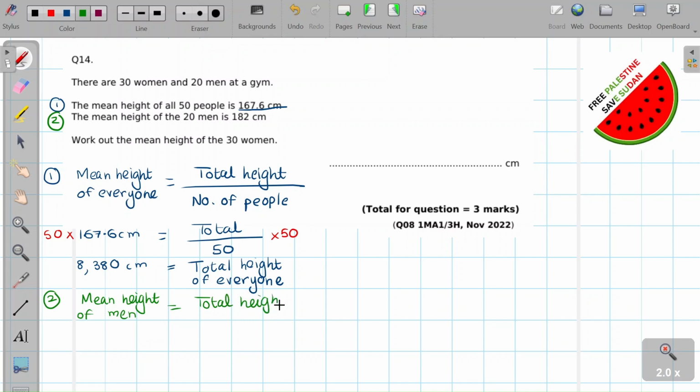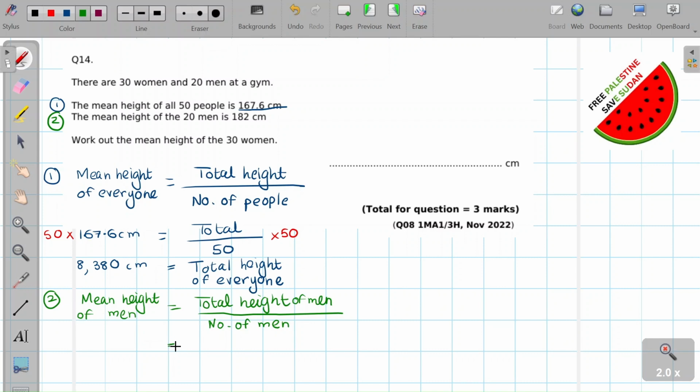What I'm doing is essentially finding out that I've got the total height of everyone. I'm going to find the total height of the men, and then to get the total of the women, I'll subtract the total height of the men from the total height of everyone. That'll give me the total height of the women. And that is the logic behind it.